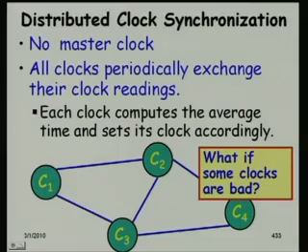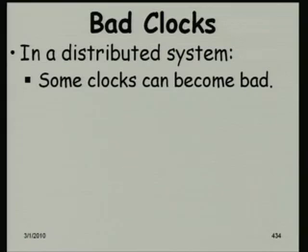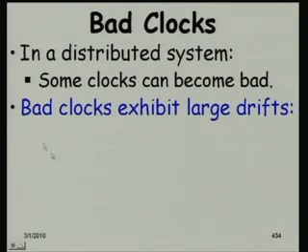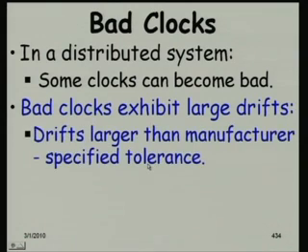The solution is not very difficult to handle. Even if some clocks can become bad, the bad clocks can be identified by large drifts. If it is 5 hour 40 and it has sent a time 6 hour 50, each node will immediately know this is a bad clock, and they can eliminate it from computation.